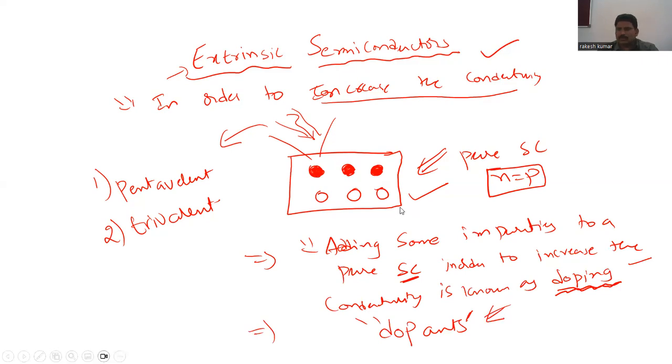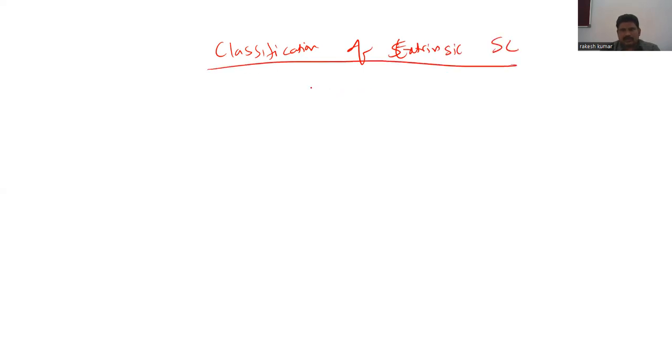Let us see the classification of semiconductors. The extrinsic semiconductor is classified into two types.